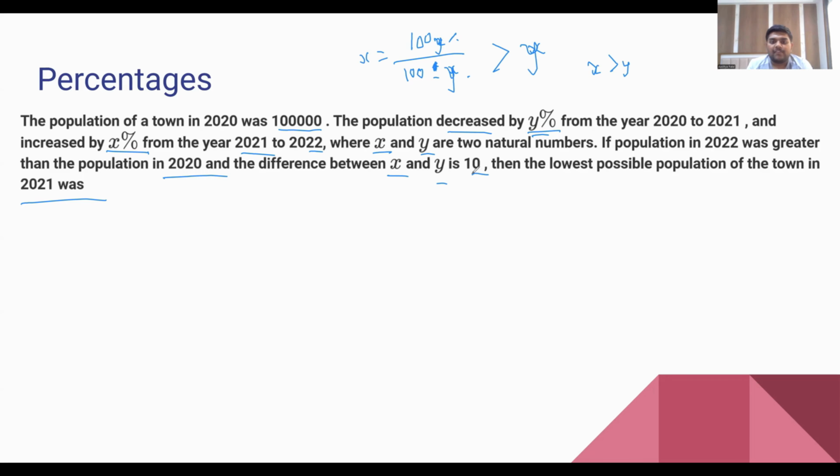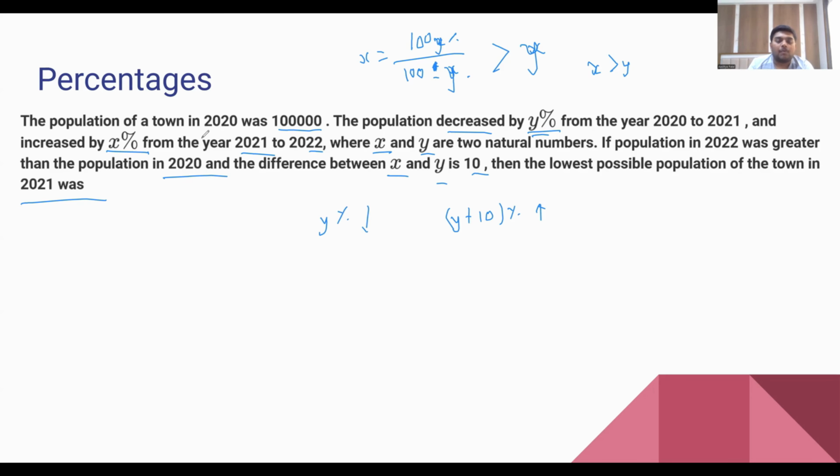So the difference between x and y is 10. So it means that a y percent decrease, and then a y plus 10% increase has occurred, given that y is a natural number.